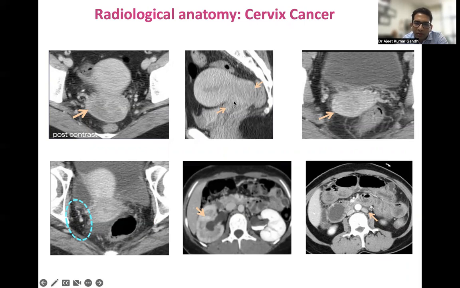The cervix cancer itself is showing almost an iso-intense density as compared to the normal cervix. We can appreciate it's very difficult to understand the extension of the disease, the gross tumor volume in this case, the upper body or the uterine extension of the disease, and this is a limitation of the CT scan. CT scan can, although, give us some additional information like maybe a gross parametrial invasion, hydronephrosis, or para-aortic lymph nodes.